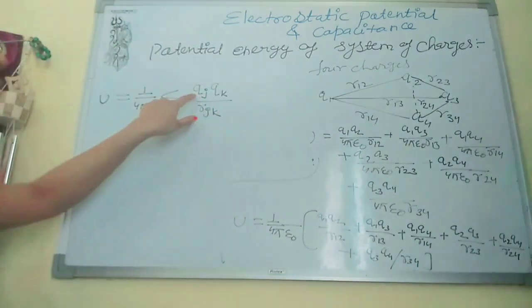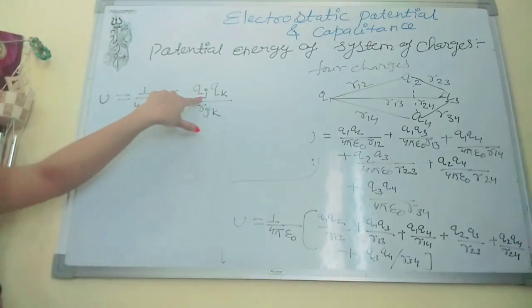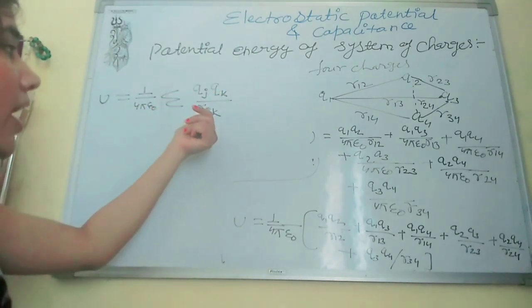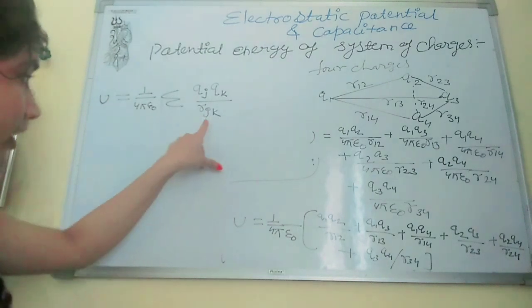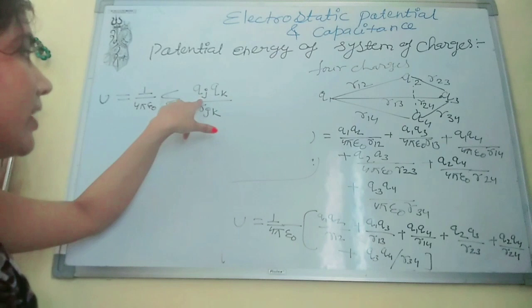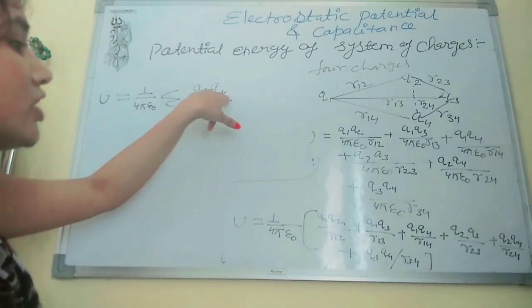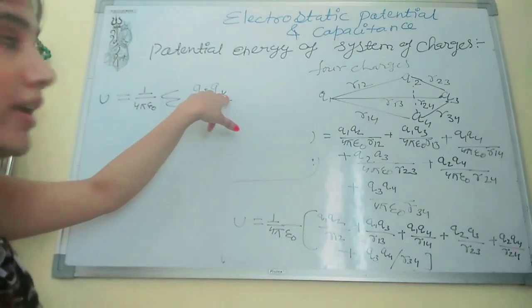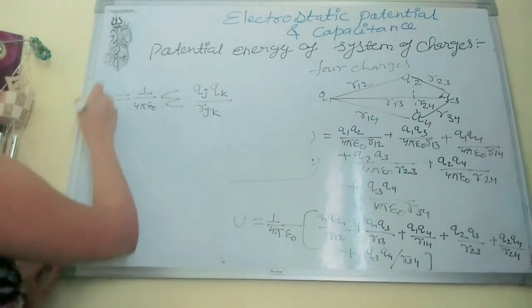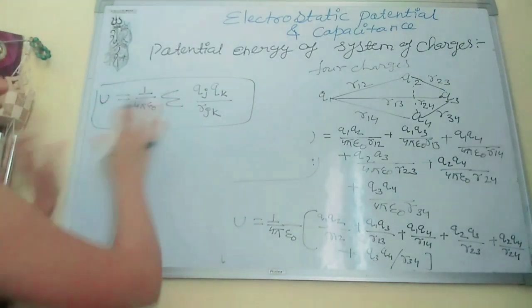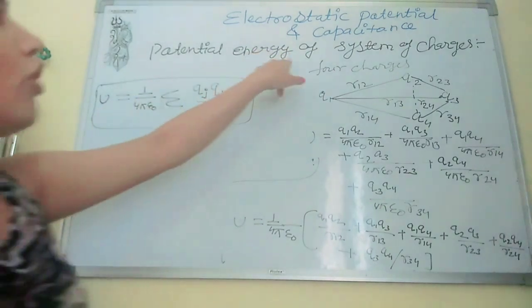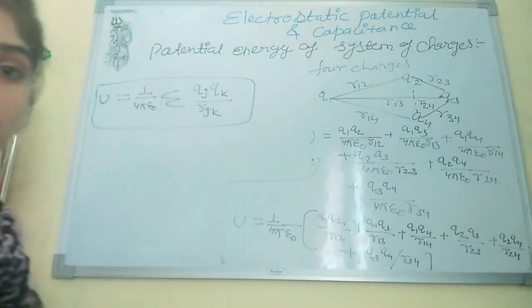If we put here 1 in the place of J and 2 in the place of K, then we will get R12 here also. And again, if in the place of J we take 1, and in the place of K we take 3, then it will be R13. So this is the expression in combined way for the potential energy of the system of charges.